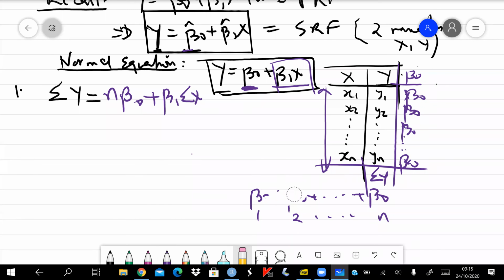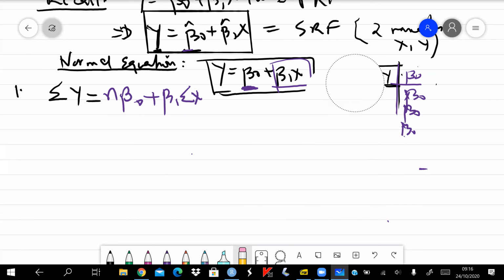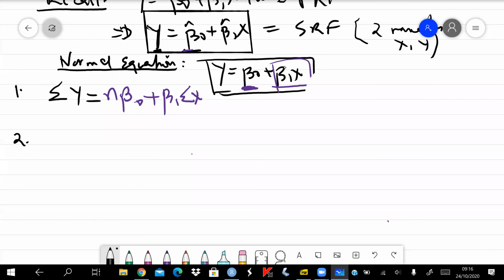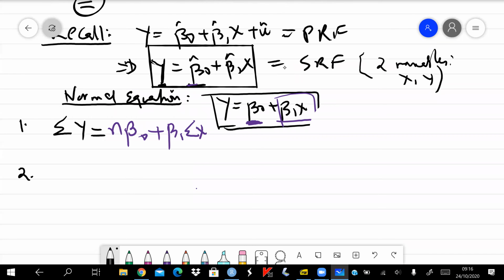The second normal equation is obtained by taking this equation here, then you multiply every term by the independent variable, that is x. So this is one term, another term, and another term, and you multiply each one of them by the independent variable.